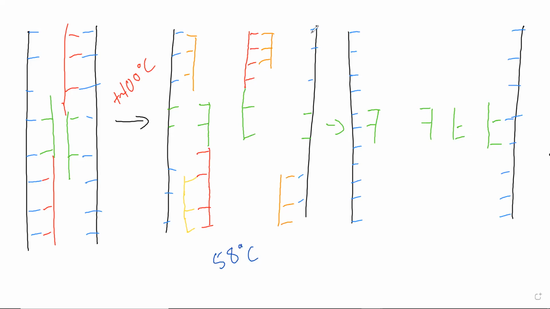And this one here has red DNA. This one here has red DNA. And these two in the middle had red DNA, right? So this one had it, this one had it.